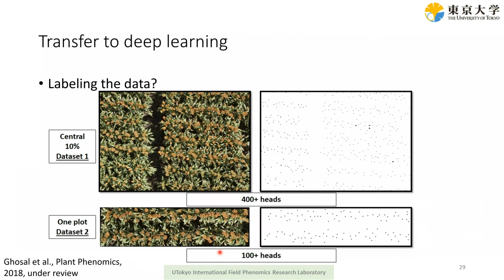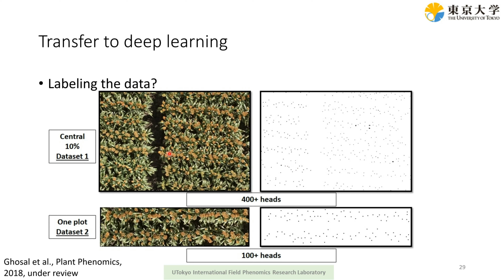However, as you all know, if you want to train a deep neural network, the most important part at this moment is labeling the data. So just put a small example over here. As you can see, this is only the central 10% of the image data we are showing previously.